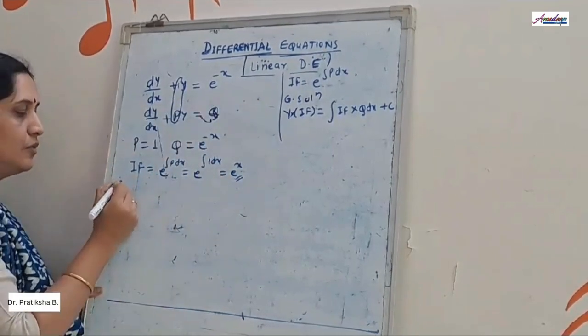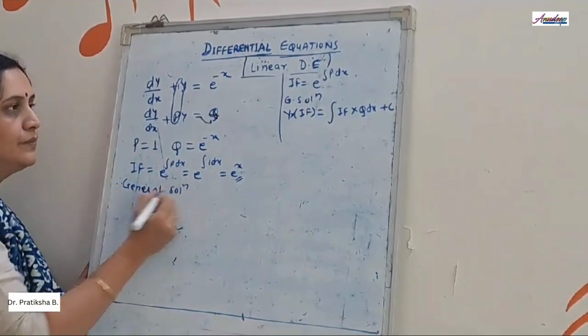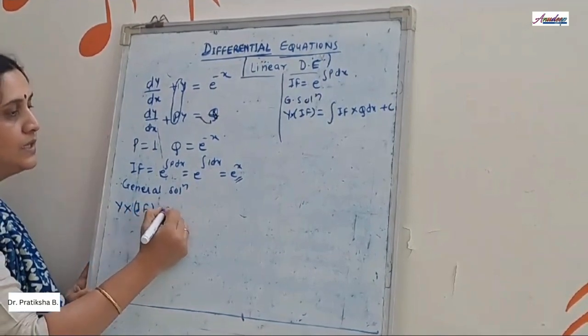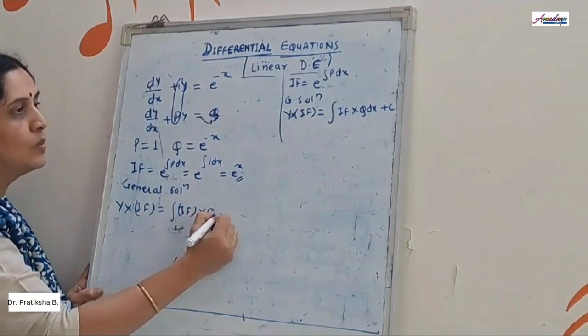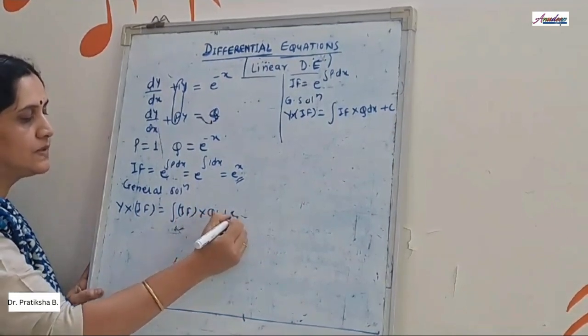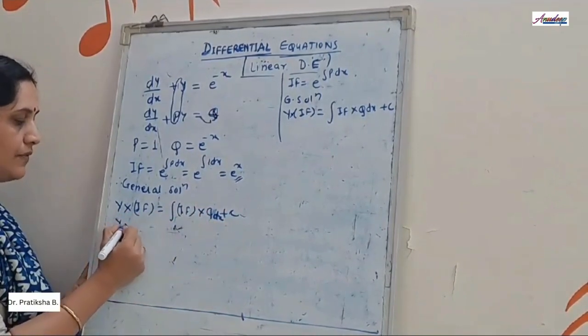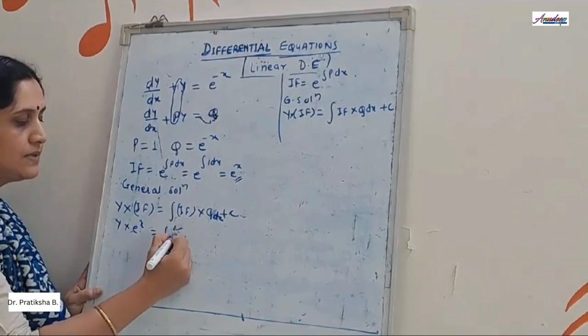Let us find therefore the general solution. It will become y into IF. Let me rewrite the formula and then I will substitute the values. It is integration of IF into q dx plus c. So now what is IF? Our integrating factor is e raised to x.